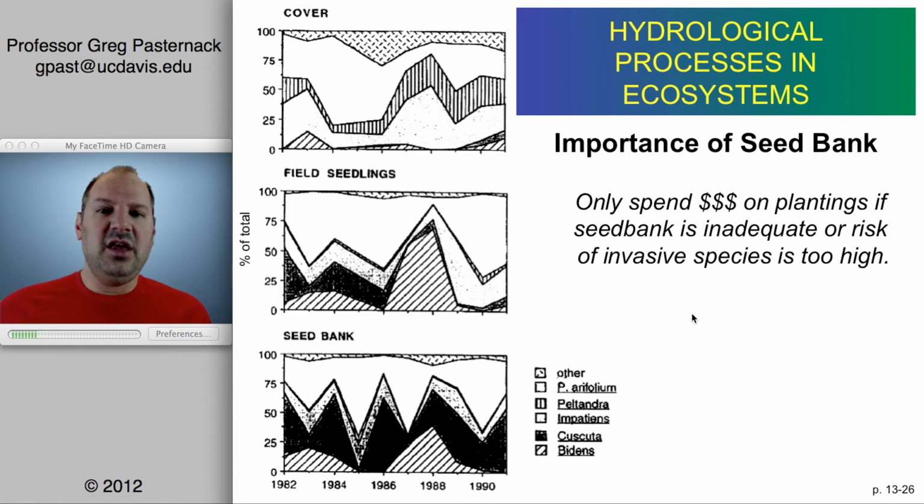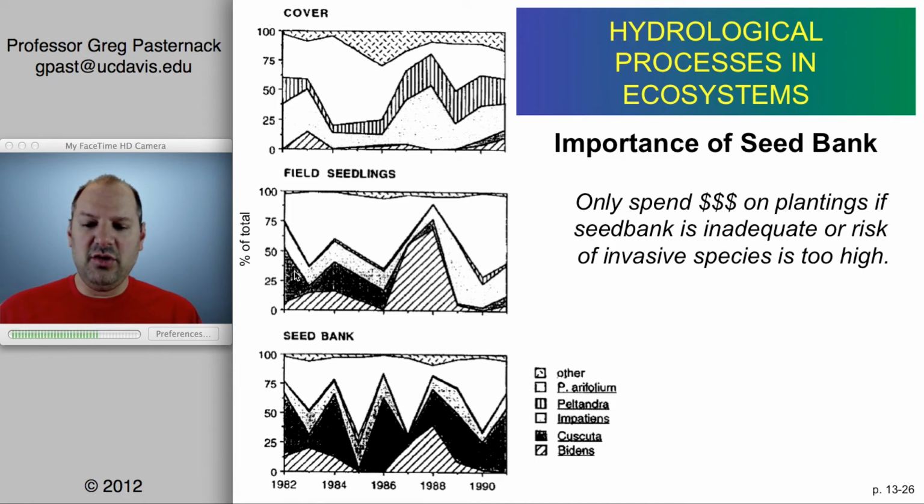I did mention, when do you need to do plantings or not? It's really helpful if you do some experiments prior to the project where you take the soil and create a wetland condition, like in a laboratory or what we call a mesocosm experiment, a small plot, and see what the seed bank is like.